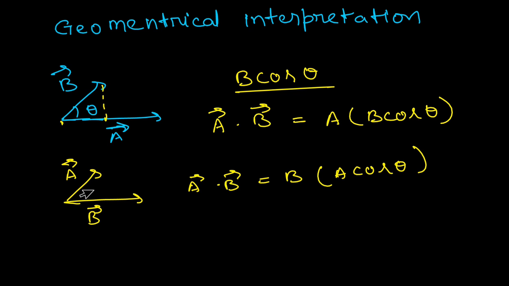So this is the geometrical interpretation of dot product of two vectors. Dot product of two vectors can also be defined as the product of the magnitude of one vector and the magnitude of the component of the other vector in the direction of the first vector.